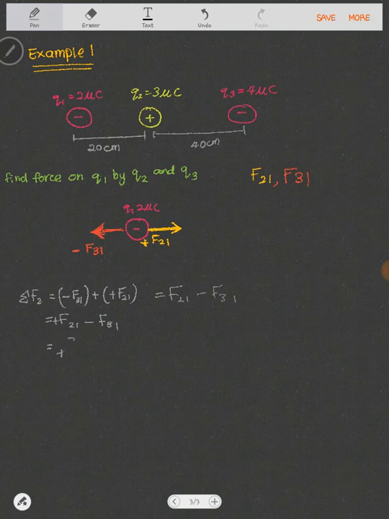Okay, so positive K Q2 with Q1, F21, divide by radius dia, charge 2 dengan charge 1. Charge 2 dengan charge 1 berapa? 20 cm. So remember, radius, SI unit dia adalah in meter. So you need to convert 20 cm to meter. So it will be 0.2. Okay, so this is the radius.